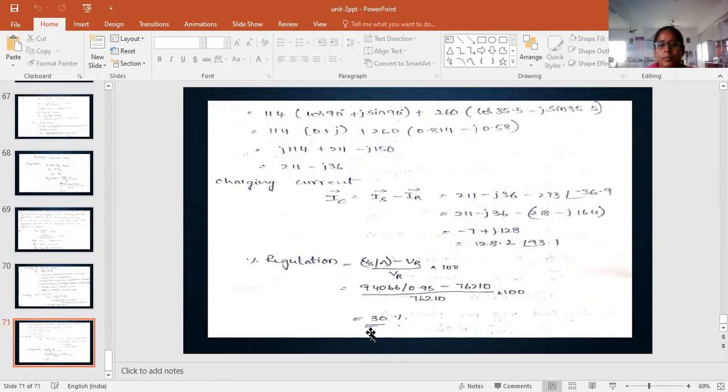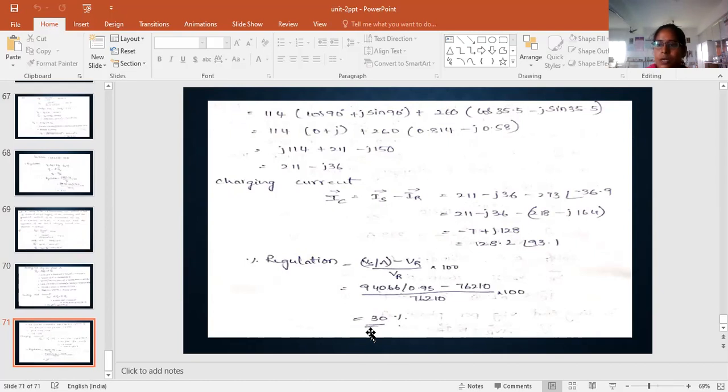So by doing these problems, the second chapter is completed. Once again, I will repeat that the second chapter is the performance of transmission lines. The performance of transmission lines is mainly divided into three categories.